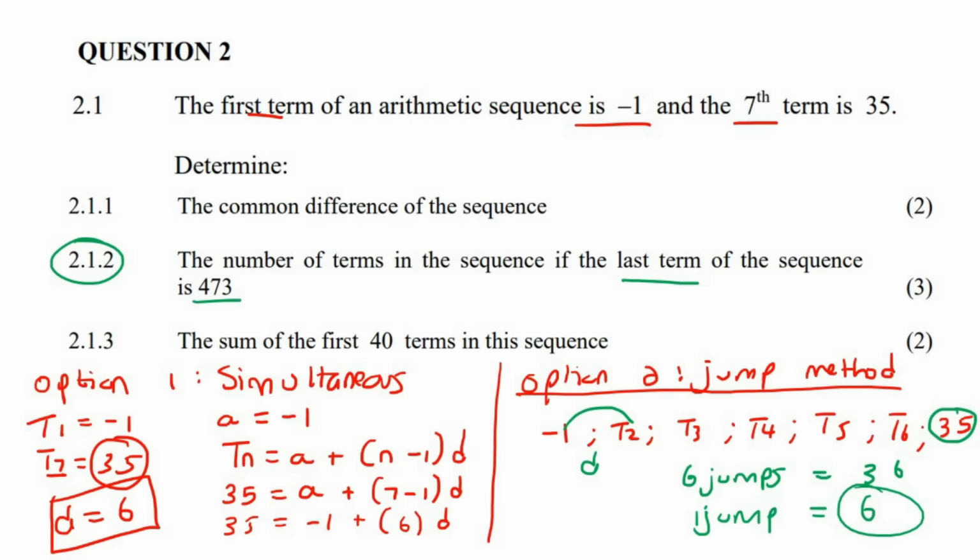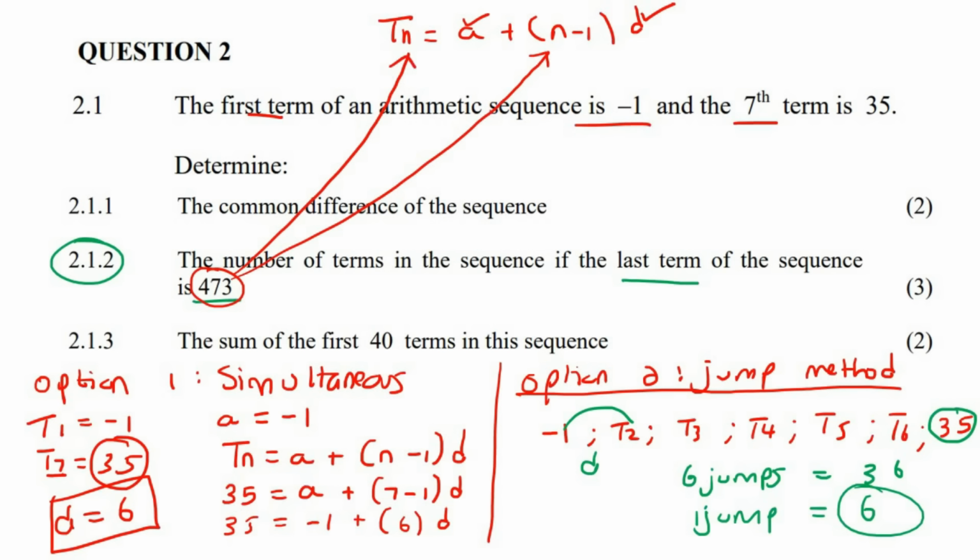Okay, so for this one, you write down your formula, Tn equals a plus (n minus 1) times d. Now we know what a is and we know what d is. Those are constants. Now they said that the last term is 473. Some learners are going to put 473 in the wrong place. You've got to ask yourself, what is this 473?